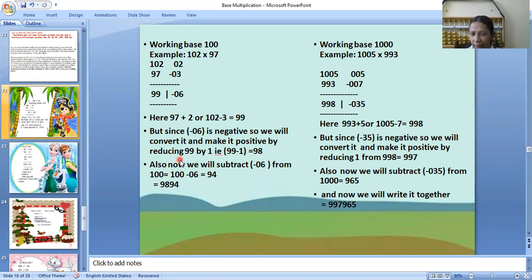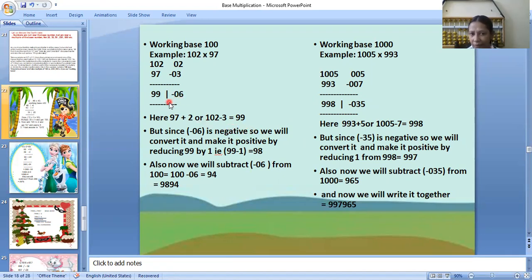How can you do that? The method says that you got this 99 now. So what will you do with this 99? You will reduce this 99 by 1. So 99 minus 1 is equal to 98. Like this, you have to make the term positive here.